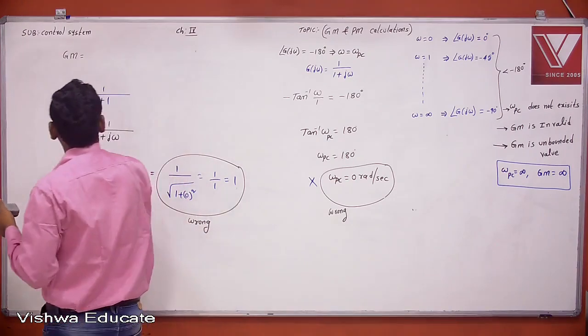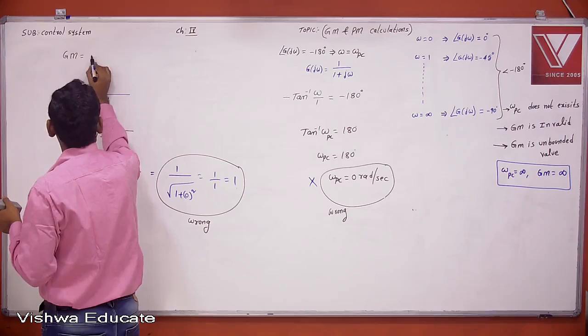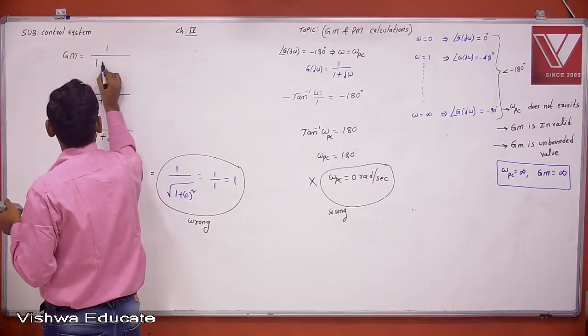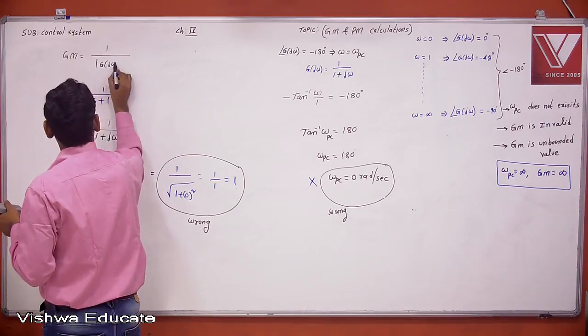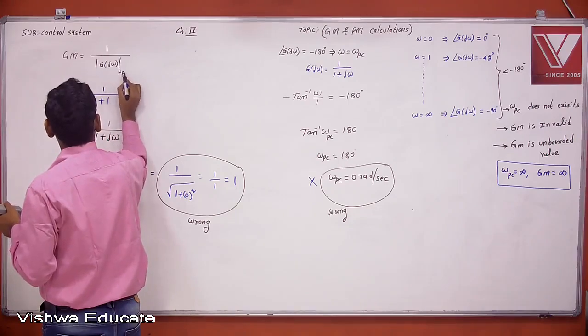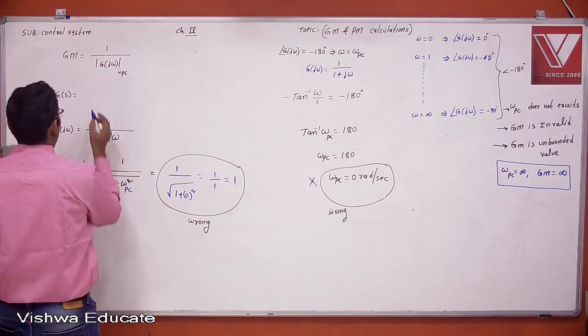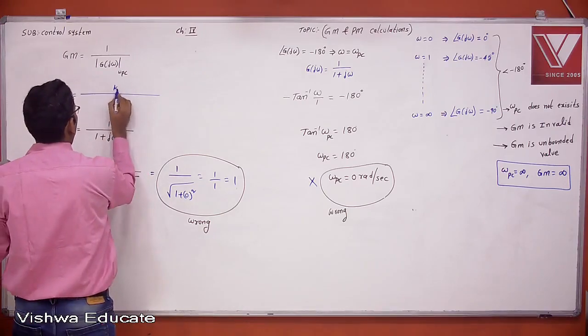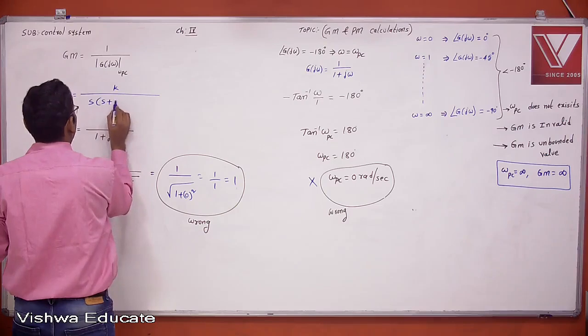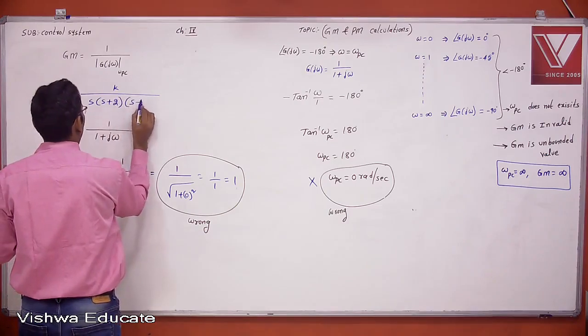Now here, he is given one transfer function, G of s equal to K by s into (s plus 2) into (s plus 4).